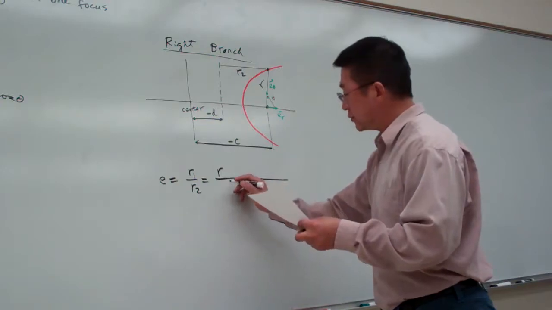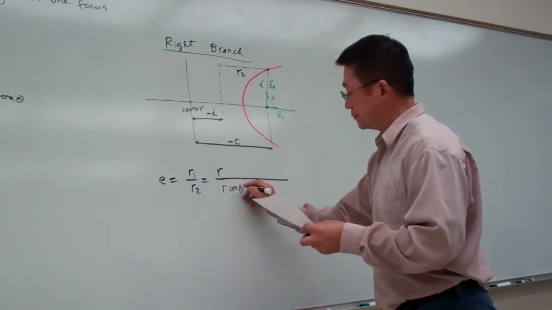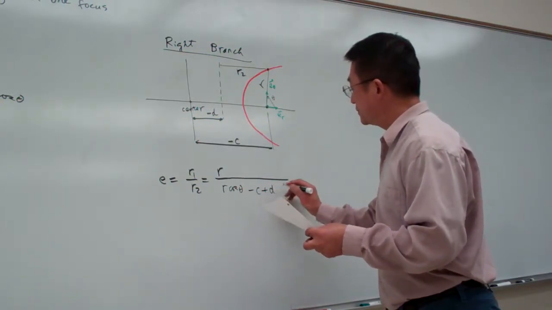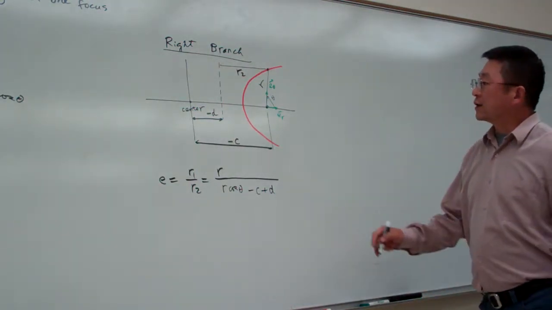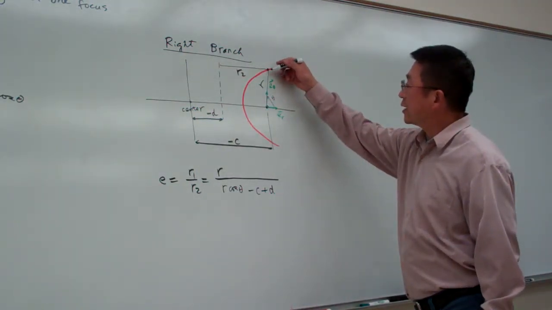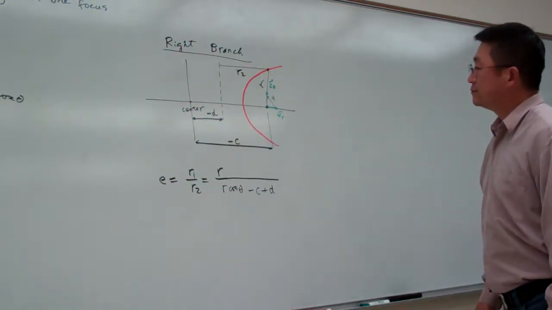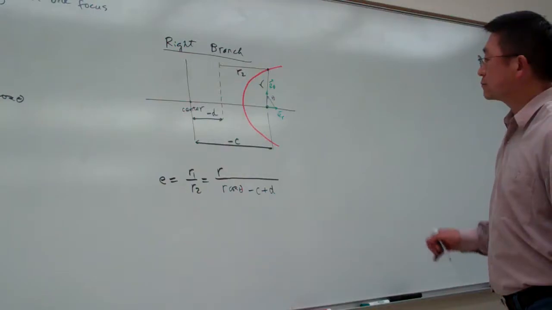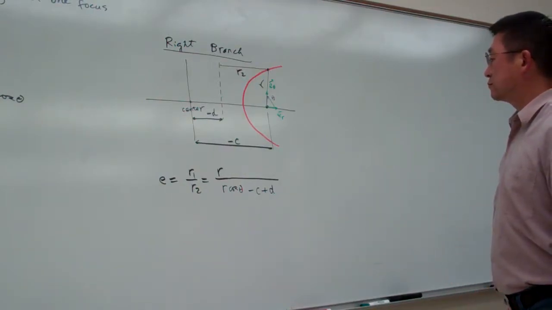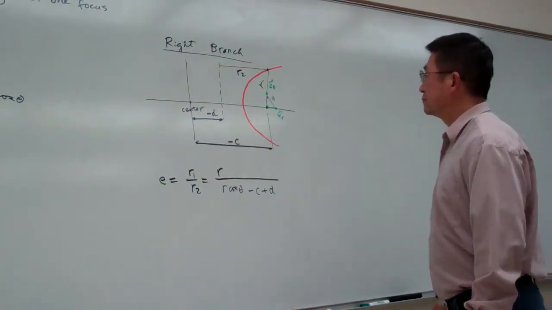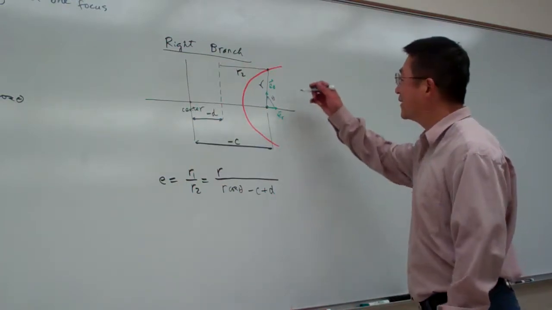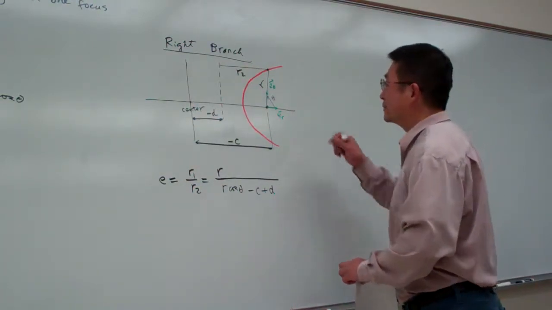R2 can be described by r cosine theta minus c plus d. Again, if you look at the geometry carefully, can you see it? Let me do this one.